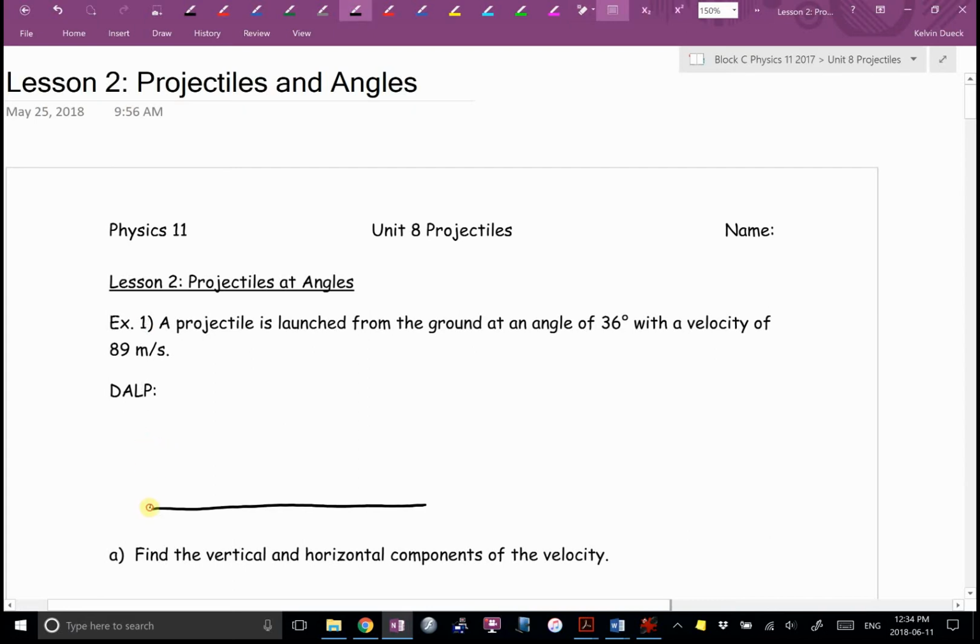What's halfway? So I'm eyeballing roughly 36-ish as about like that. I wouldn't write it crazy big, I wouldn't write it crazy small. And we're going to label that 36 degrees, and we'll call that 89 meters per second.